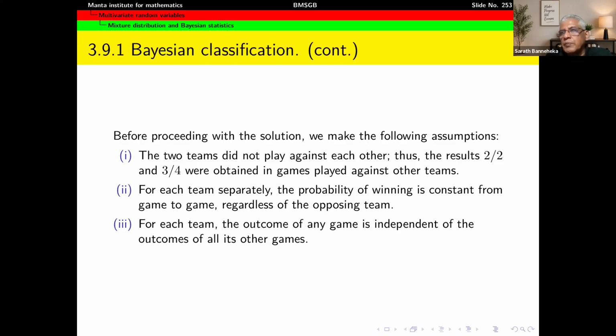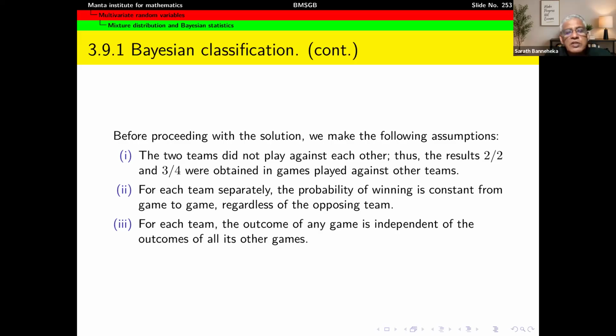If you are playing against a weak team, again, you have to define what you mean by weak, but generally, if it is considered weak, there is a higher probability of winning for team A, right? But here we are going to assume that the probability of winning is the same no matter against what team they are playing, right? We are going to assume that for both teams. For team A, that probability may be some value, for team B some other value, but for the given team, it is a constant. That's what we assume.